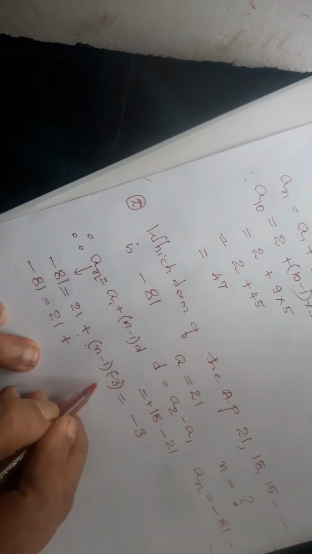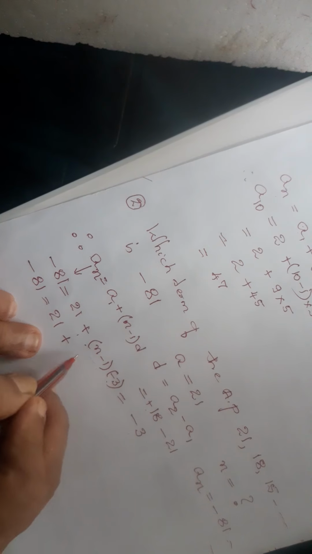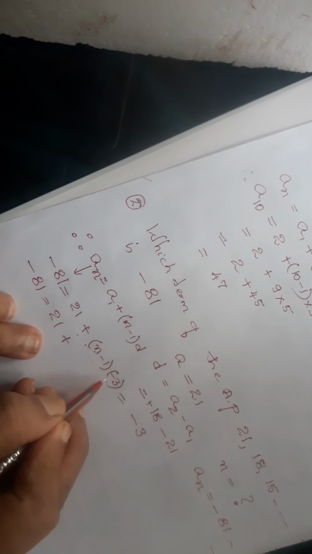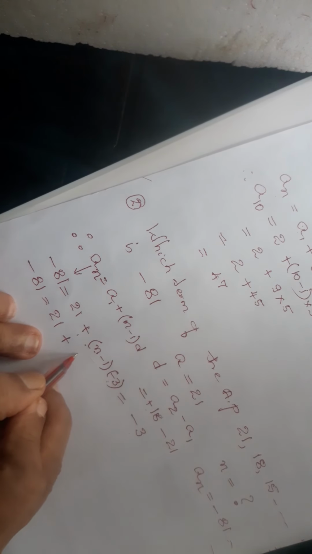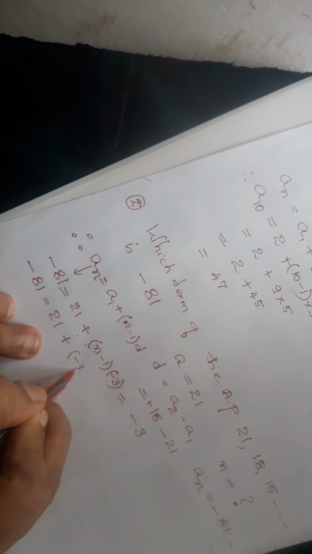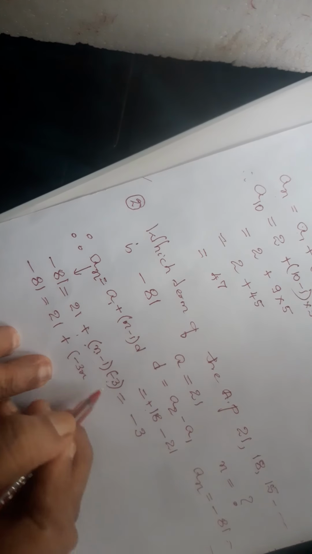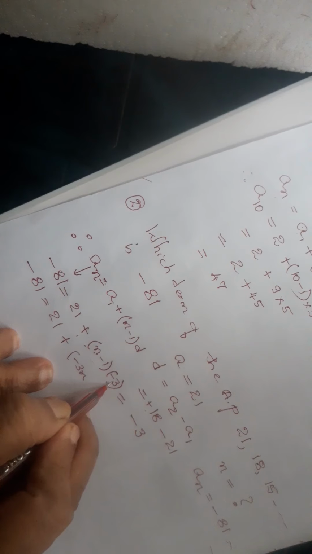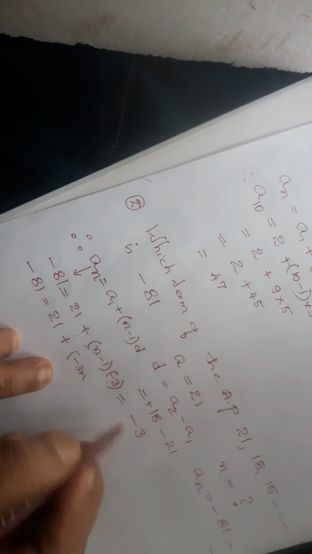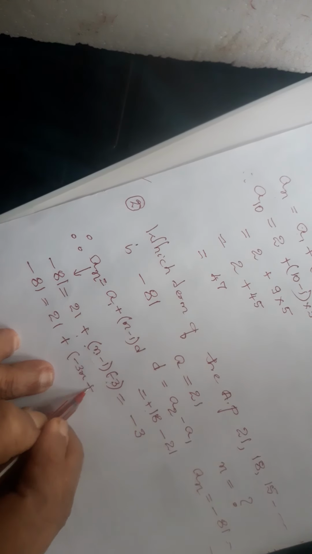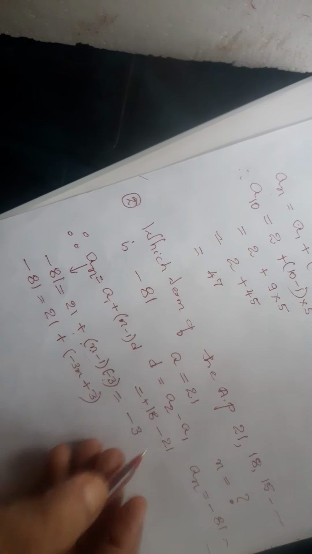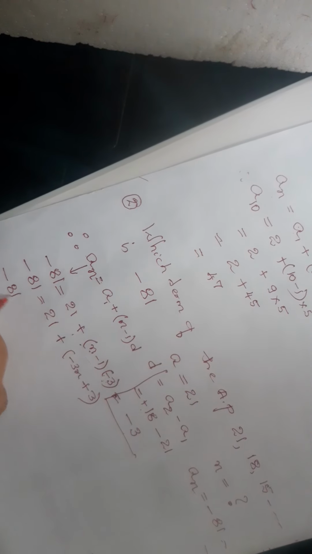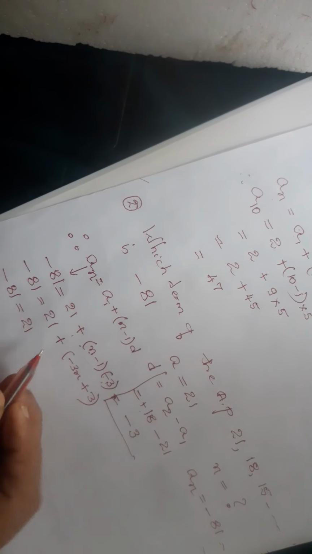Now, I am going to open the bracket. See now, n into minus 3, so I will get minus 3n. I have opened the bracket. Then, minus 3 into minus 1 I will do. Minus into minus is plus 3. Now see, minus 81 is equal to 21.